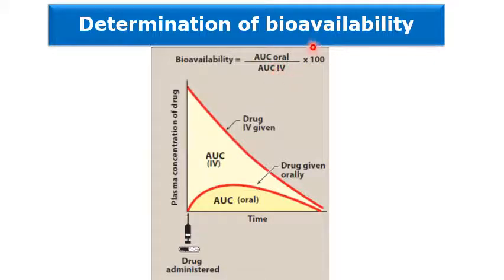And then we compensate for differences in doses. For example, if the dose given by IV is different from the dose given by the oral route, then we should multiply the AUC of oral by the dose of IV, and divide by the AUC of IV multiplied by the dose of oral. The total is multiplied by 100%, where the bioavailability is expressed as a percentage.